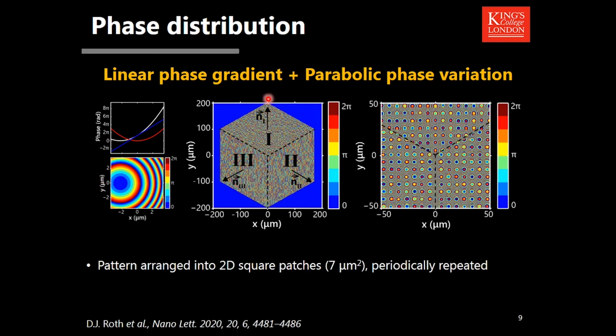The middle image here is the phase distribution of the whole 3D cube sample, which is about 400 by 400 micron. And on the right side here you can see a zoom into the central part of the metasurface phase distribution. And you can see that the pattern is arranged into 2D square patches, which are about 7 by 7 micron, which are periodically repeated.